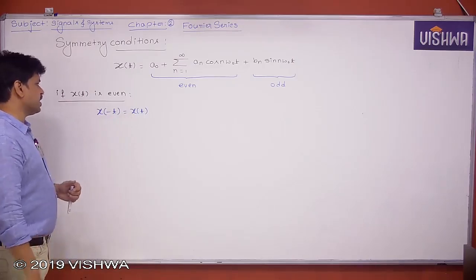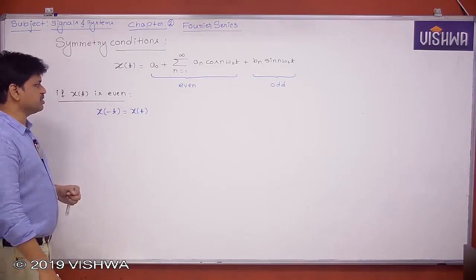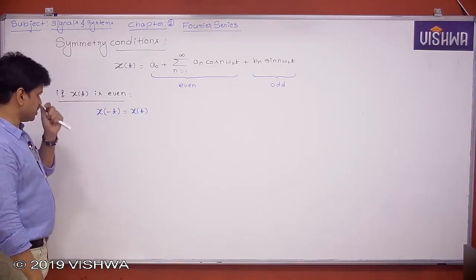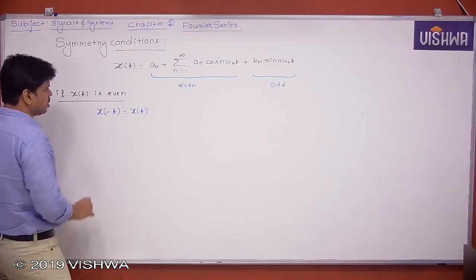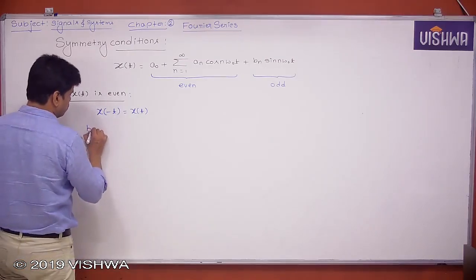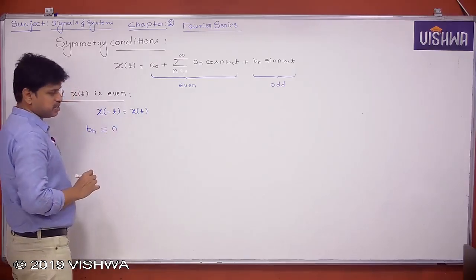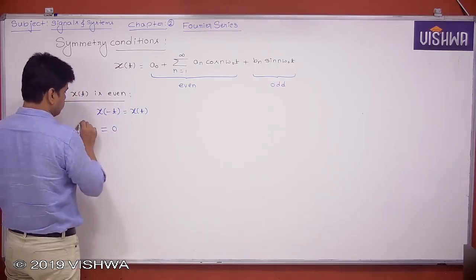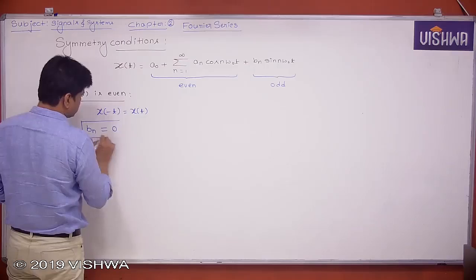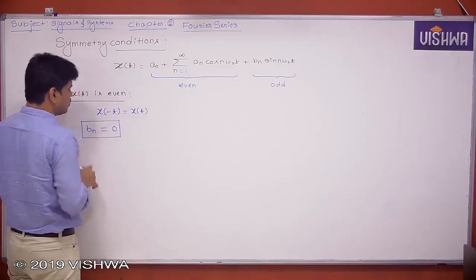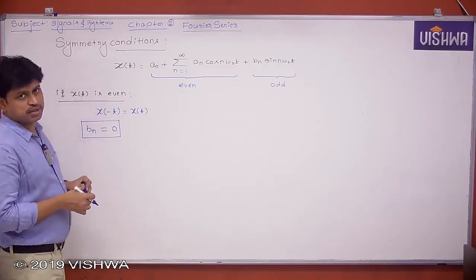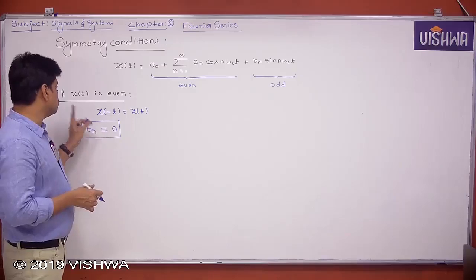If this condition is satisfied, then we can say x of t is an even signal. So if it is an even signal, we definitely know Bn is equal to 0. This is very, very important. For even signals, there is no need to calculate coefficient Bn. Why? Bn value is equal to 0 here.